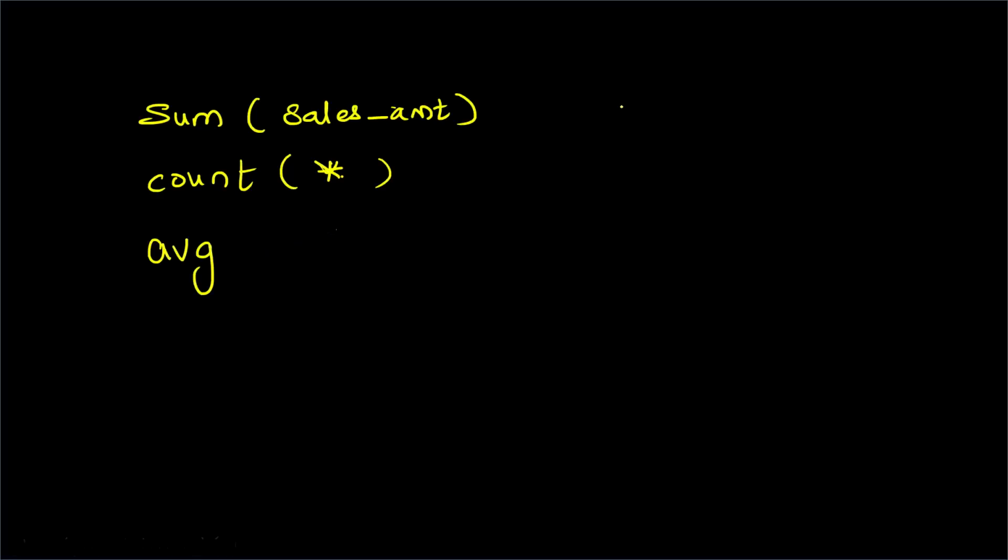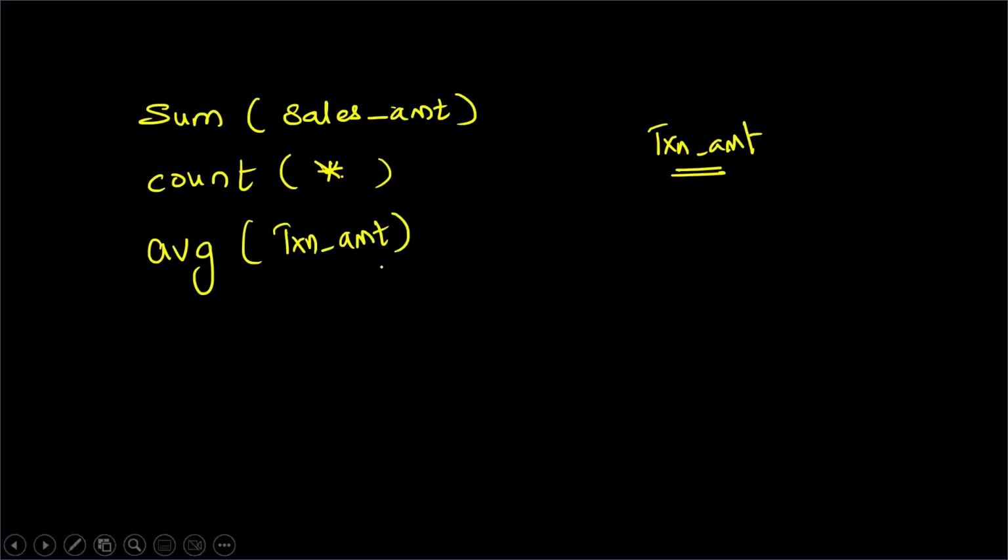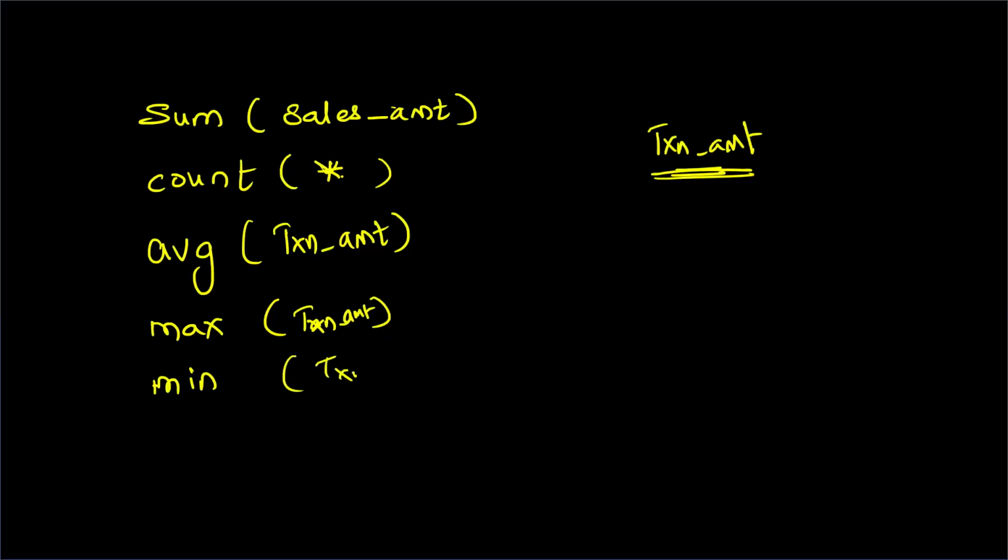There are many transactions where you have the transaction amount of each transaction, and I want to know the average. In that case, we have a function called average. Then I would like to know what was the max value of any given transaction. Out of all the transactions, what was the max? So you have a max function. And similarly, you have a min. These are the 5 summary functions which are very frequently used.